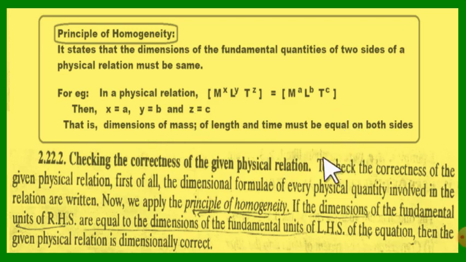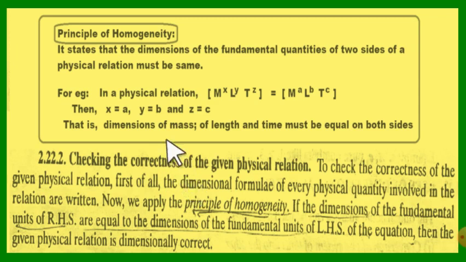So by checking the correctness of a physical relation, we are checking whether the dimensions of the fundamental units on both sides come out to be the same or not. If they are the same, then we can say the physical relation is correct dimensionally.